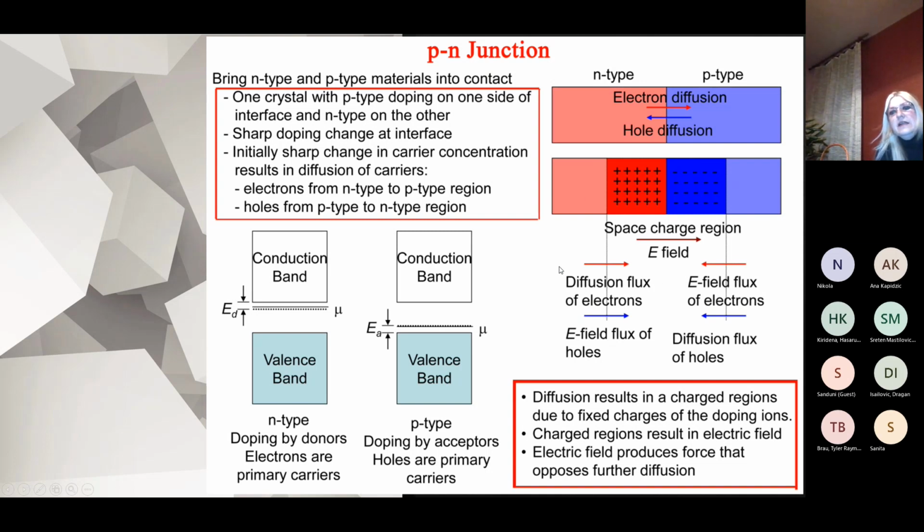So that's why we said that the diffusion flux of electrons, which we have because of the concentration gradient, and the diffusion flux of holes because of the concentration gradient, will be opposed by the electric field flux of electrons, which now returns electrons in the opposite direction, and the electric field flux of holes, which is also trying to return holes in the opposite direction.